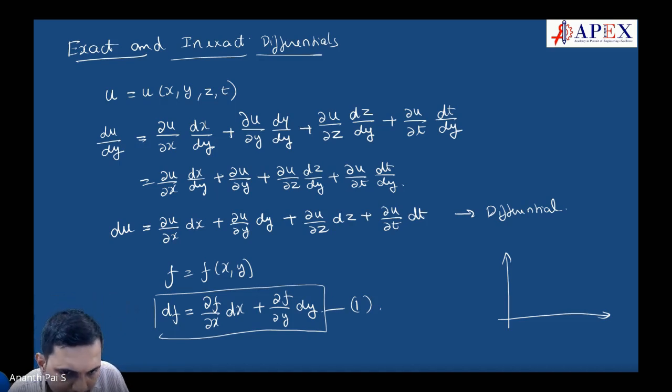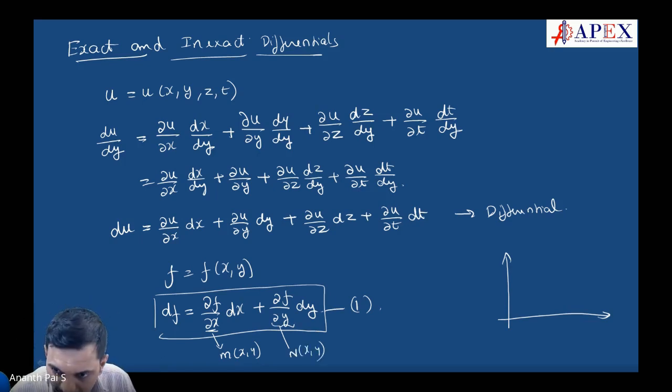Now here we can write this function with respect to x is also a function of x and y. So I will write it as M of x comma y, and this one only I will write it as N of x comma y.